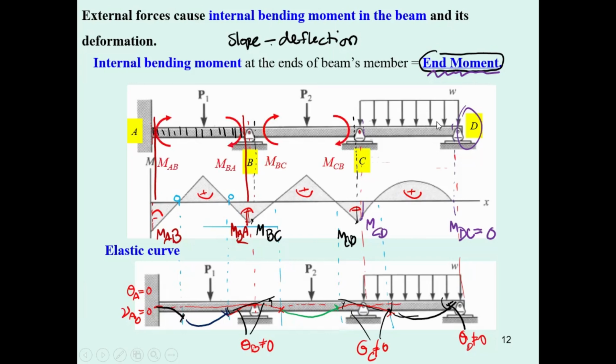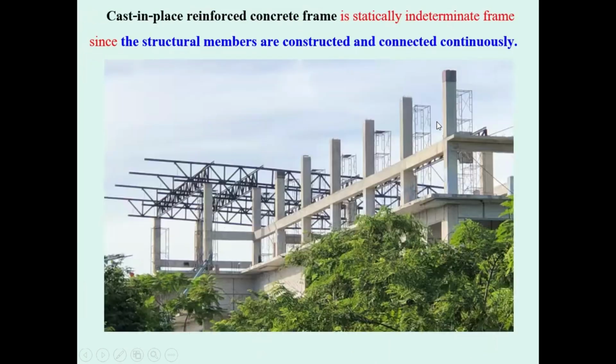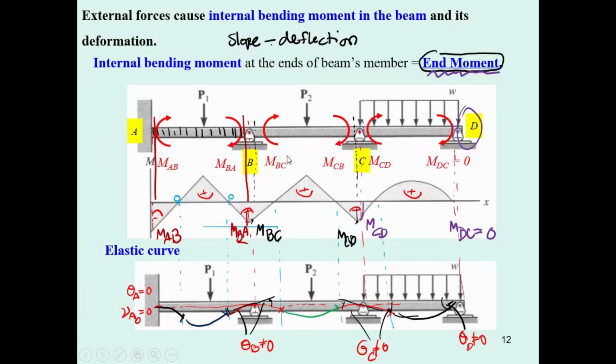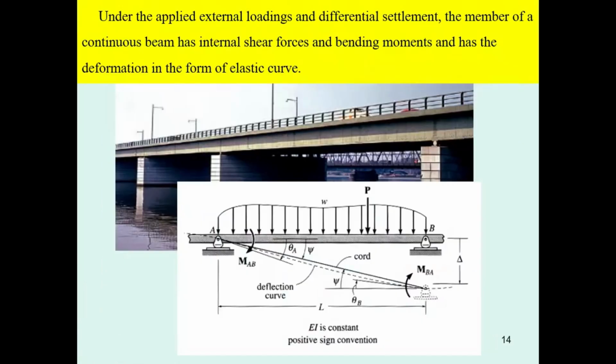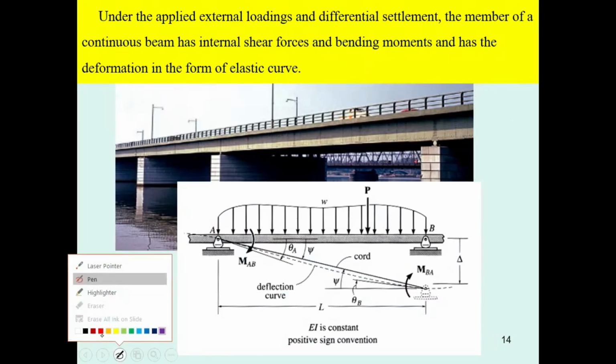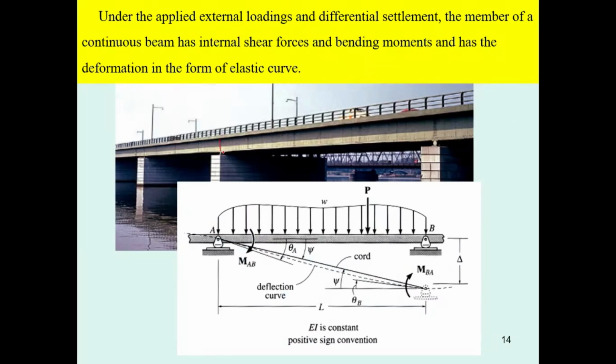Now, let me move you to the next one. This is maybe one example of this beam. If you have many spans and you fix one end, then we come to a very important concept. For a given continuous beam, such as this one, we only concentrate on one member.